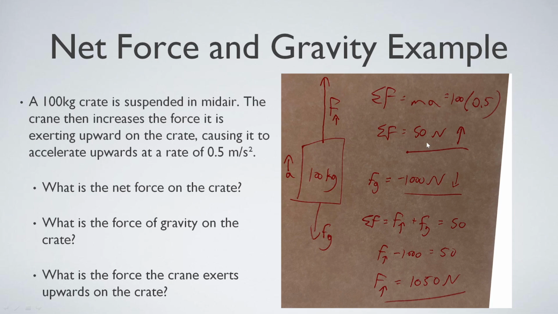So if the net force increased by 50, then the upward pointing force had to increase by 50 to make that the case. So again, showing here that the net force is what caused the acceleration. And to find that net force, you still have to add together the unchanged weight with the now slightly increased upward force from the crane.